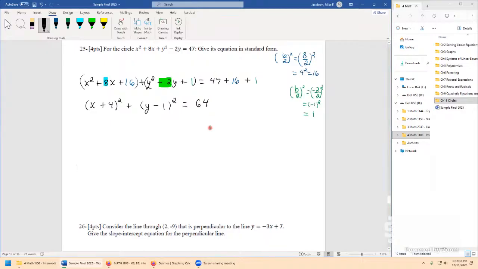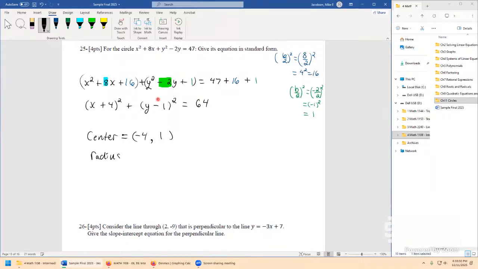And this is kind of an odd question because it's done right at this step. They didn't ask anything further. But you know, because it's a review and just in case it's asked, let's also do a little bit more. Let's go beyond. Once we get to the standard form, which is right here, the center of this circle is going to be as an ordered pair, opposite of that coefficient, negative 4, and the opposite of that coefficient, positive 1.